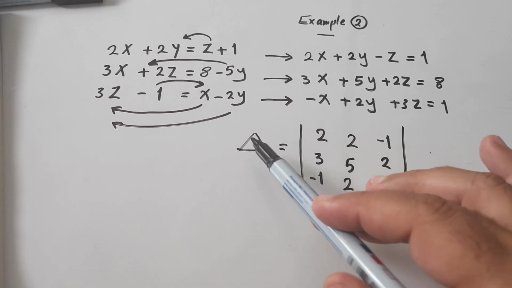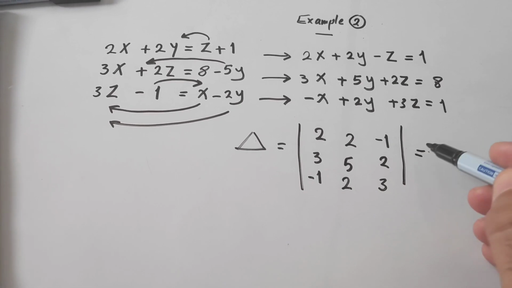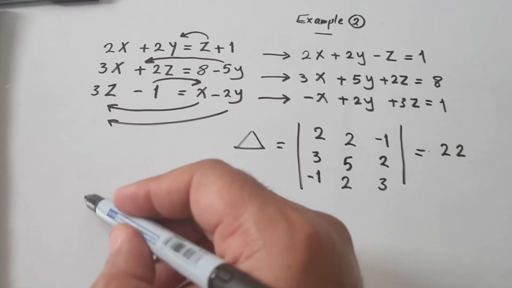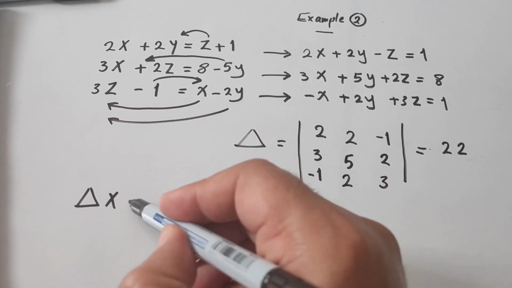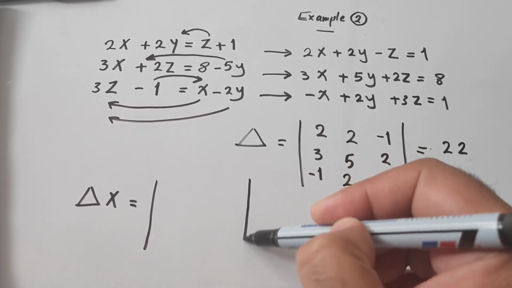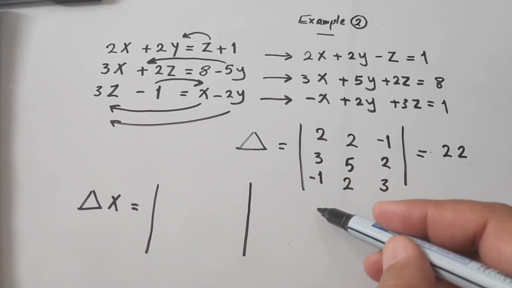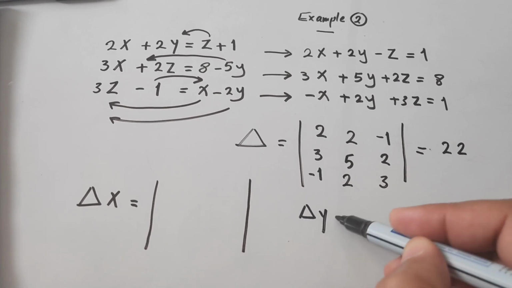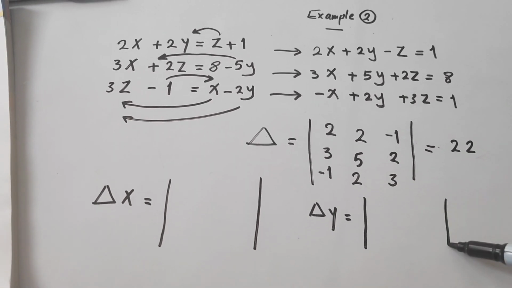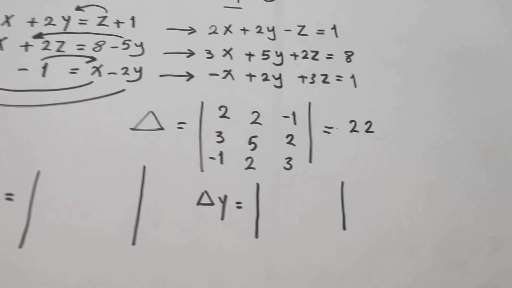By using a calculator, we can find the value of delta equals 22. We find delta x, we find delta y, we find delta z.